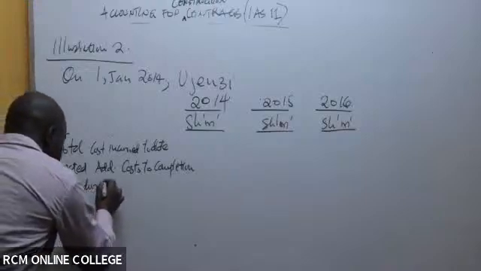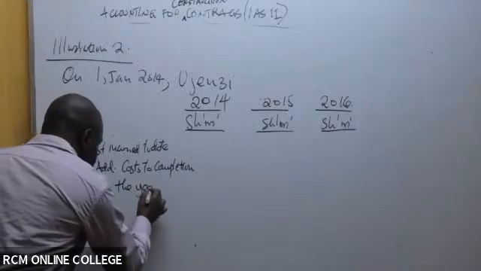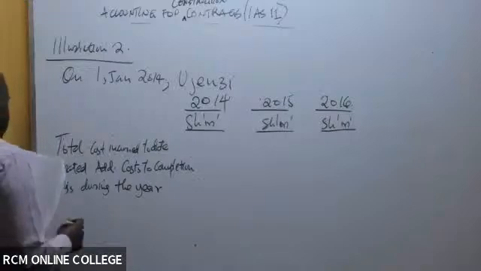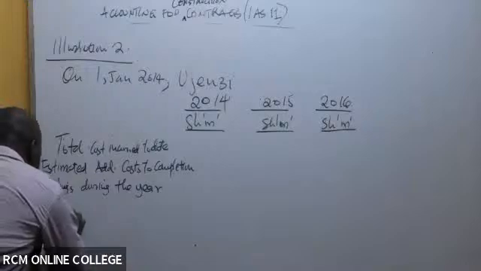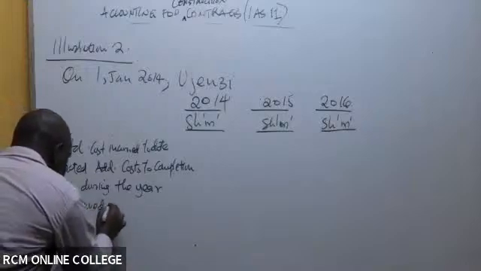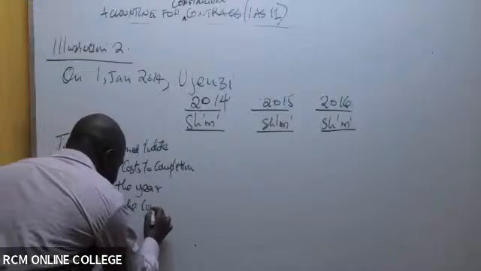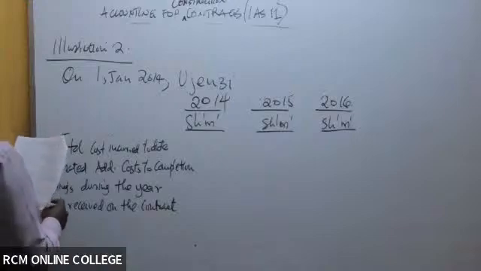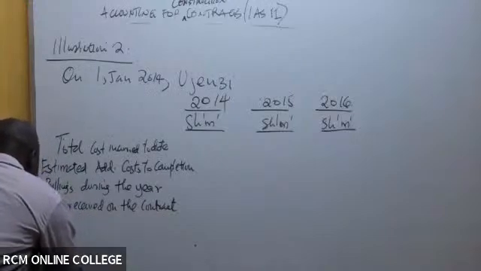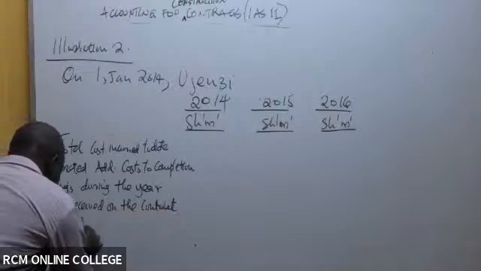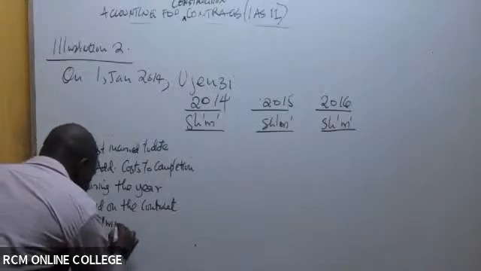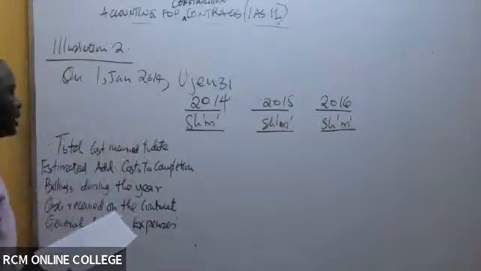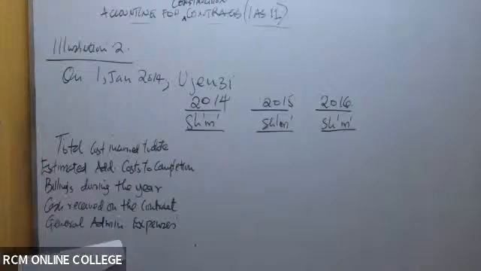Then the other item is cash received on the contract. Then the last item is general administration expenses, general admin expenses.